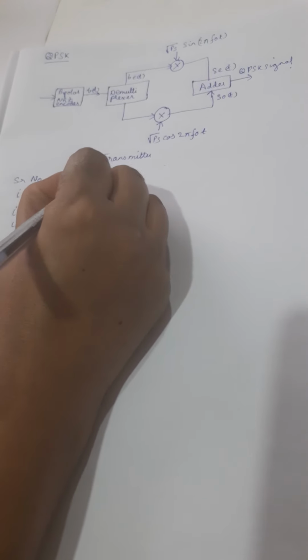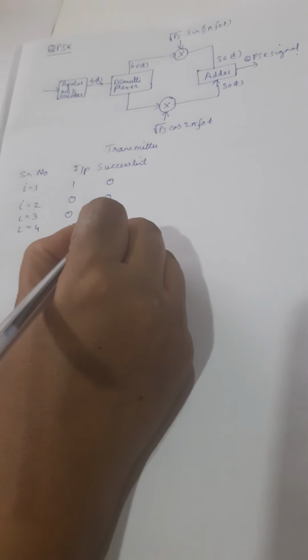So first is serial number. Suppose I equal to 1, I equal to 2, I equal to 3, I equal to 4. So input successive bits. So first one they will be thinking of like 1 0 0 0 0 1 1 1.